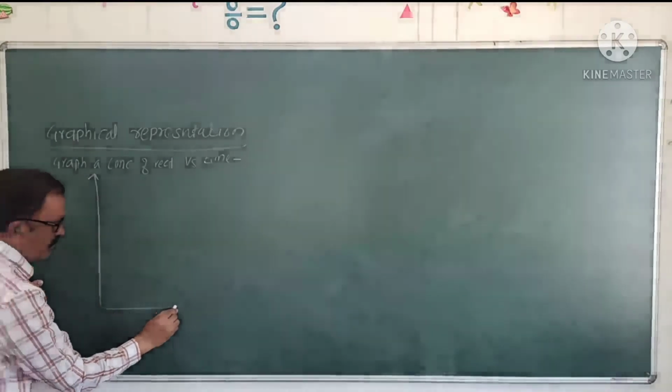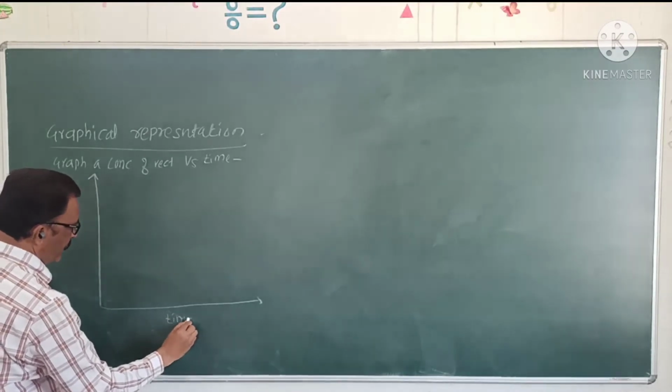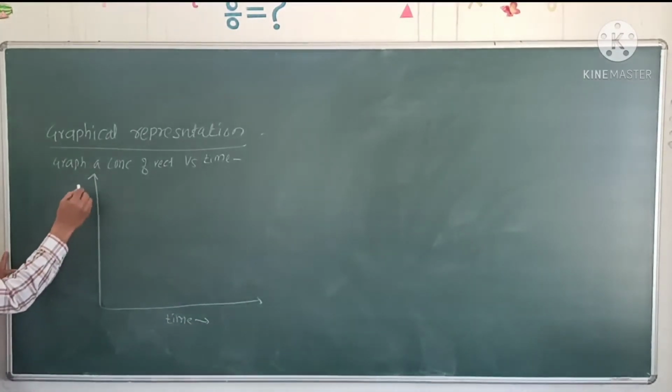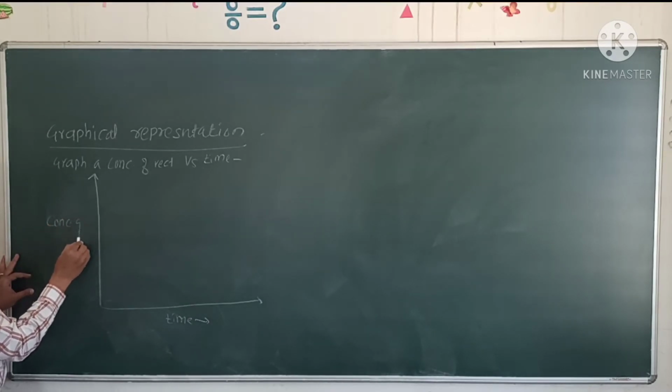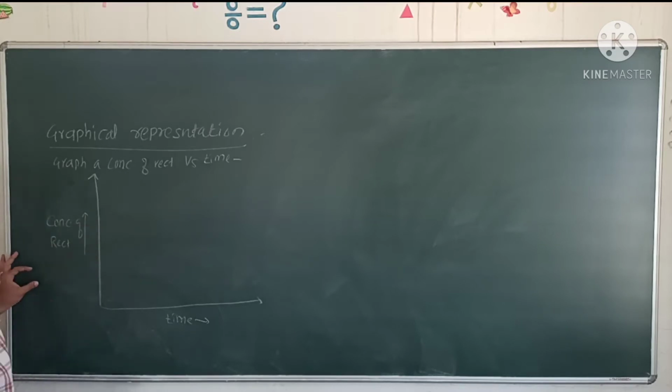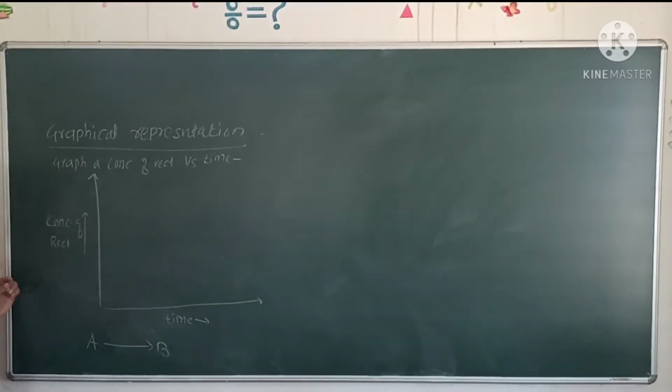Suppose on the x-axis there is time, on the y-axis there is the concentration of a reactant species. Suppose A gives product B is our reaction.